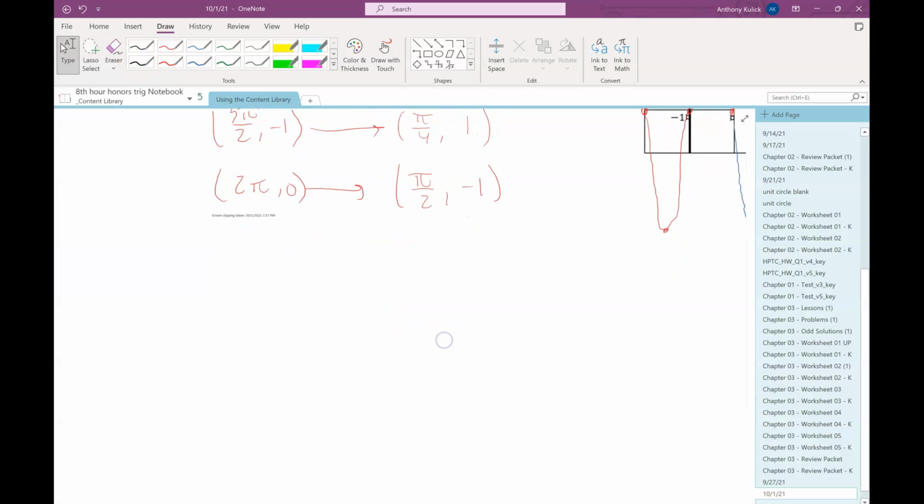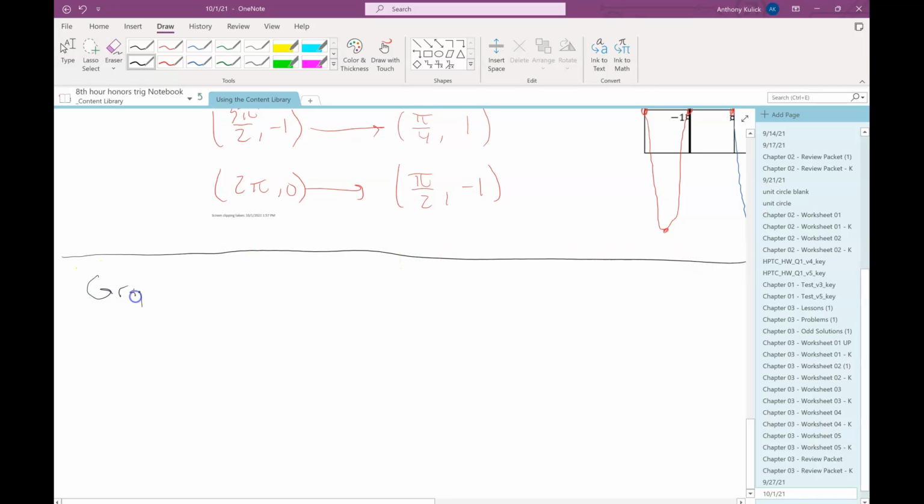Let's talk about the more challenging direction then. Let's talk about how we go from a graph to an equation. And this piece is not trivial.